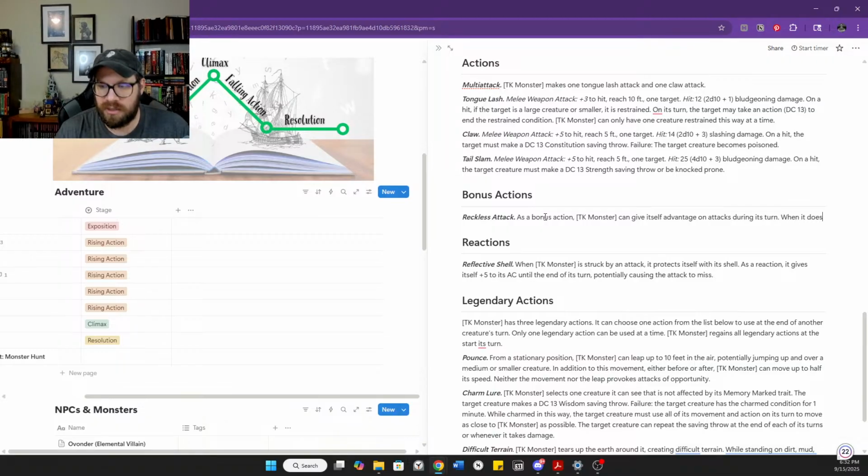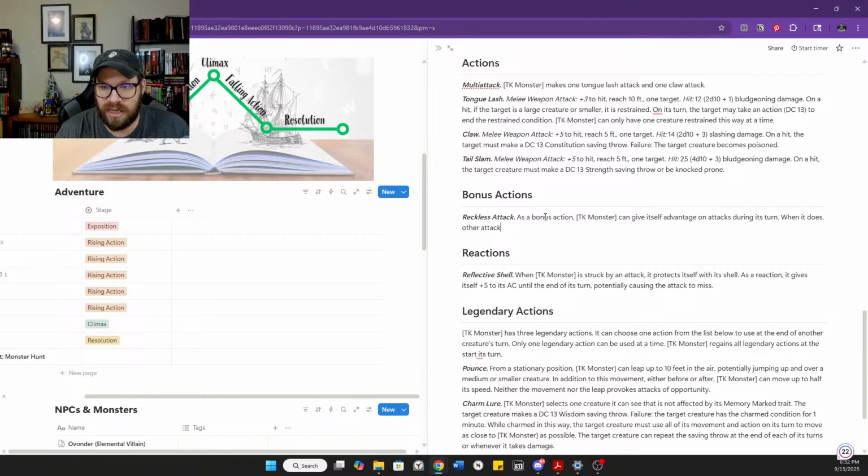When it does, other attacks against TK monster have advantage until the start of its next turn.